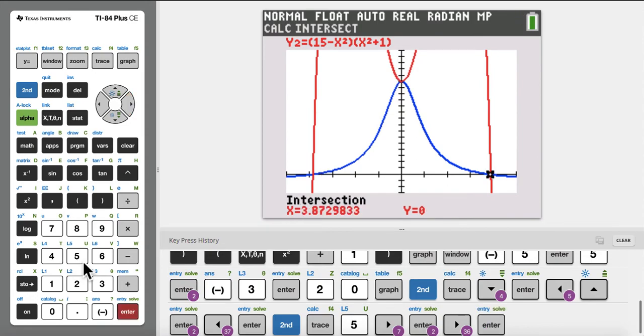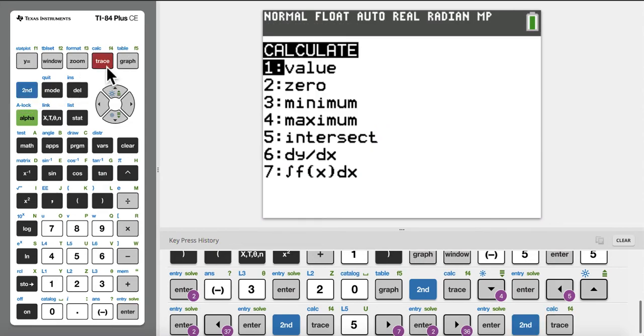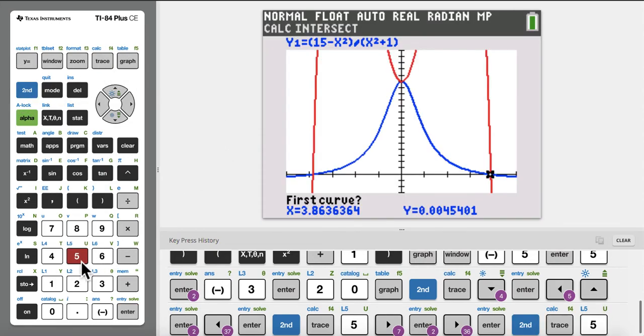And it didn't find the one that's in the middle. The algorithm that it used moved that function all the way over to the one that's on the right. So how am I going to find that one that's in the middle? Well, we could just guess, and we can see. Or let's try it again, where we'll go second, calc, find that point of intersection.